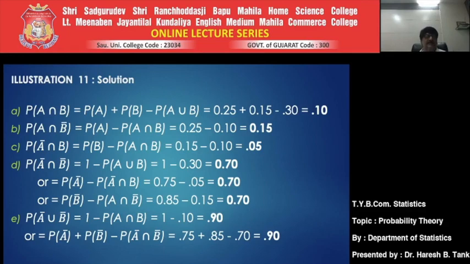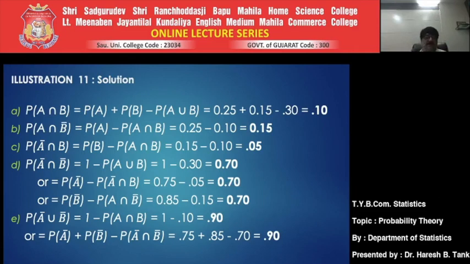The third case, probability of A complement intersection B. As we know, in the tabulated form it is probability of B minus probability of A intersection B, which is 0.15 minus 0.10, which comes to 0.05. Similarly, probability of A complement intersection B complement. You have seen it earlier, it is 1 minus probability of A union B. A union B is already given to you, which is 0.30.